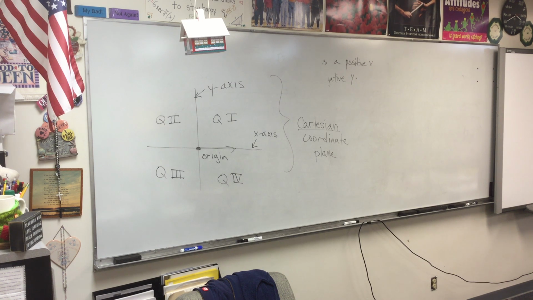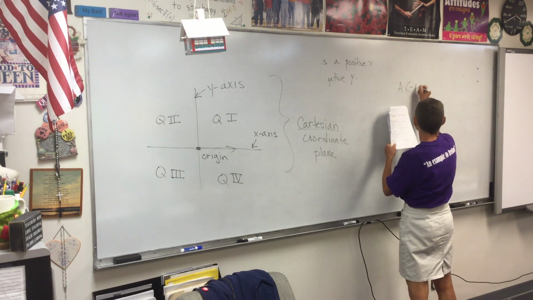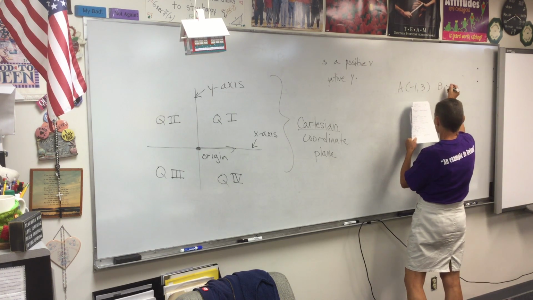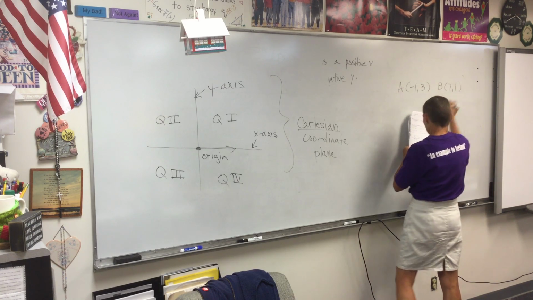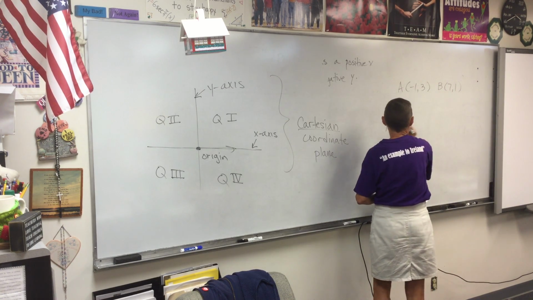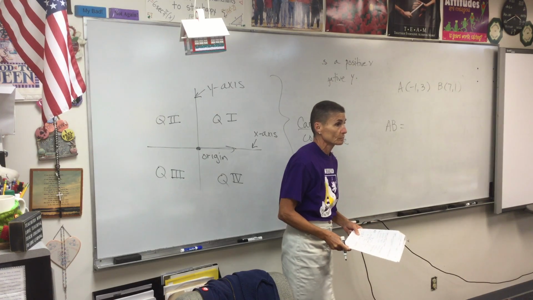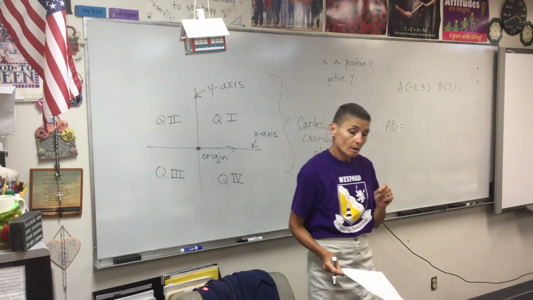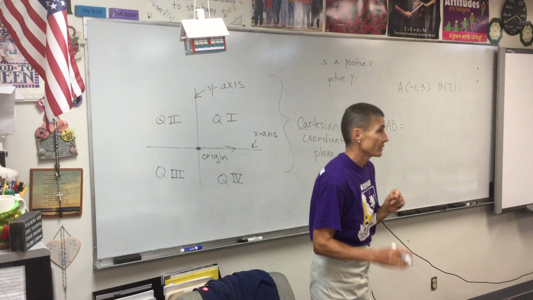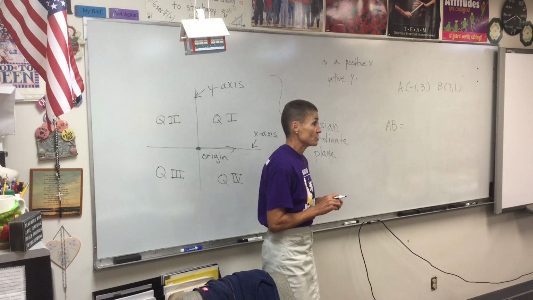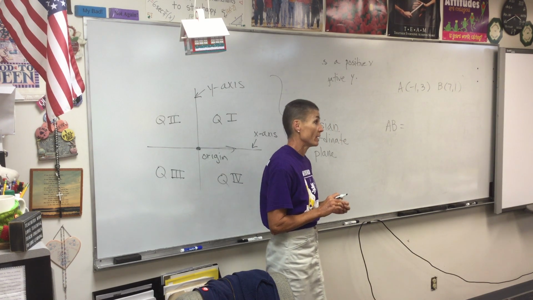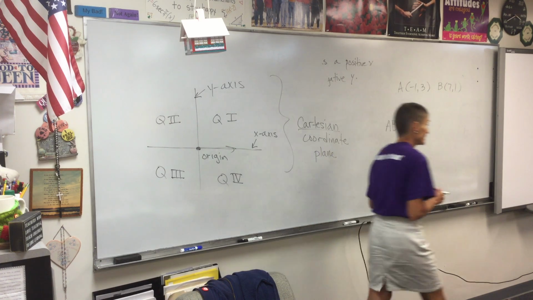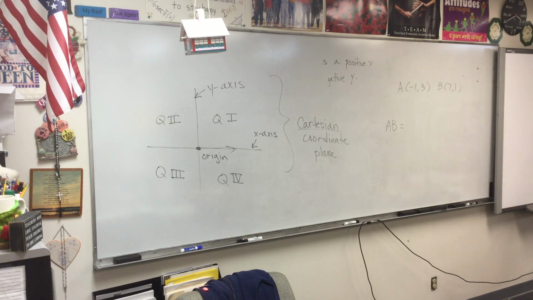Okay, any idea what we're talking about in problem number 2? What this means? Any idea? The line maybe. Sort of. The distance between the 2 points. What is the distance between the 2 points?